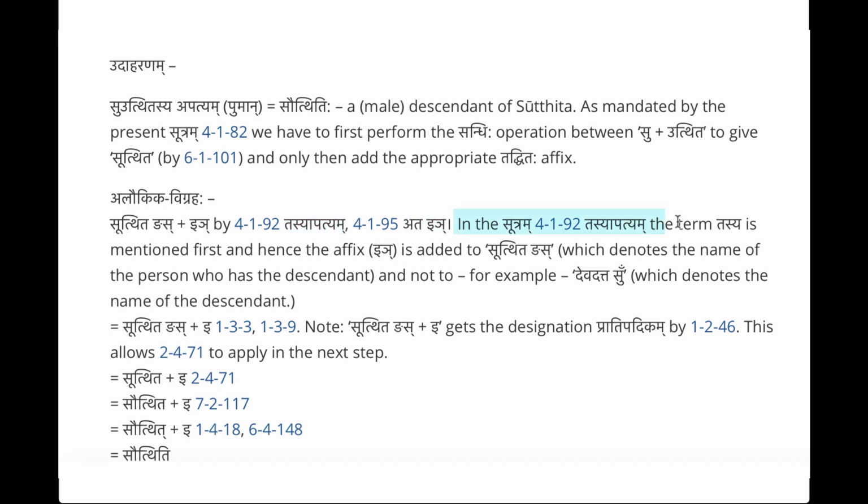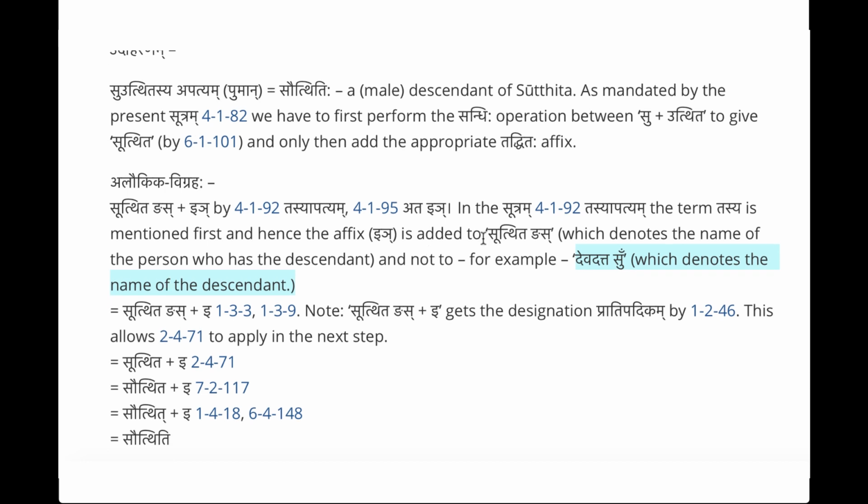In the Sutram 4.192 Tasyapatyam, the term Tasya is mentioned first, and hence the affix Iny is added to Suthita Nyas, which denotes the name of the person who has the descendant, and not to, for example, Devadatta Su, which denotes the name of the descendant. So here we have two related entities. One is the person who has the descendant, and one is the descendant. Which one do we add the affix to?